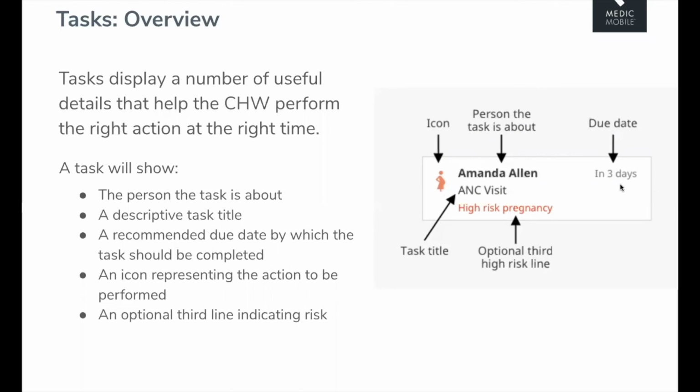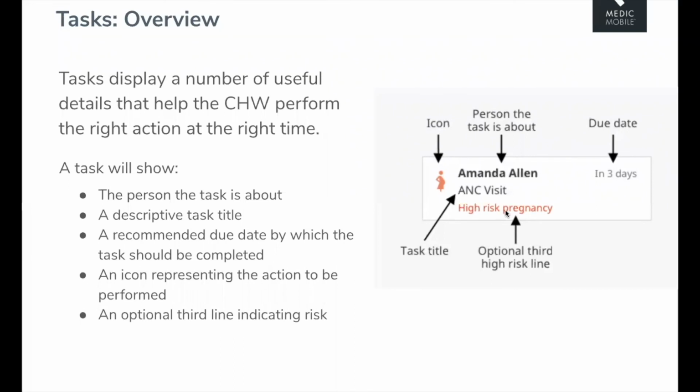On the right side, you'll see the due date, which shows in terms relative to the days that are left before the task should be done. At the bottom, we have an optional line, which indicates risk.